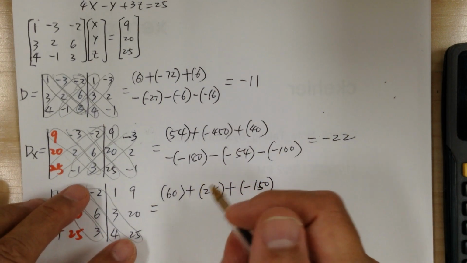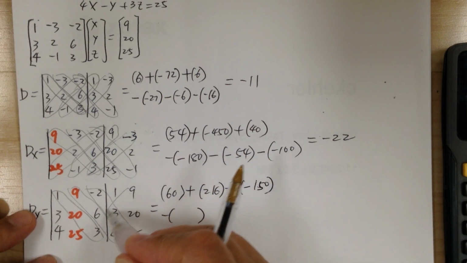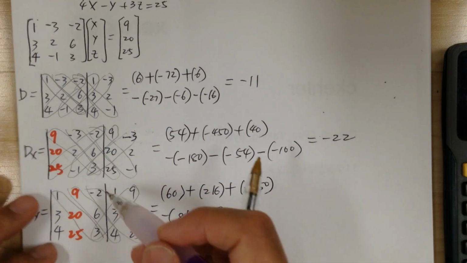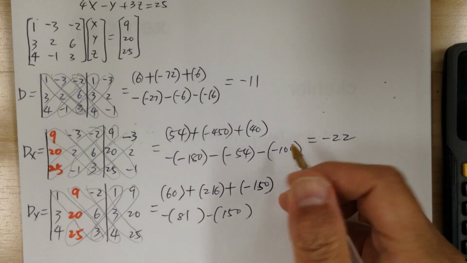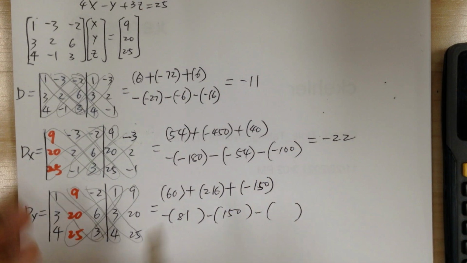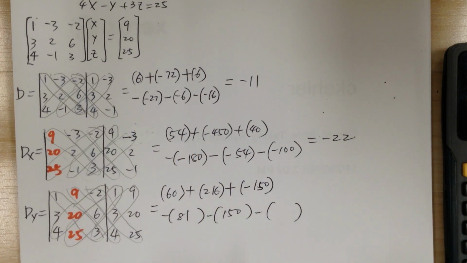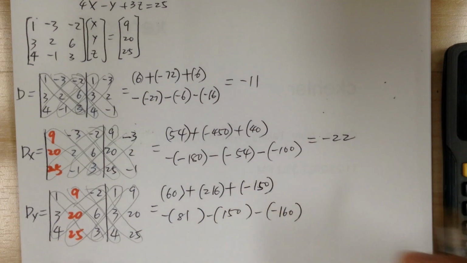And minus, so I'm going to do this diagonal, minus 81, minus the next diagonal, 150, minus the next diagonal, minus 160.